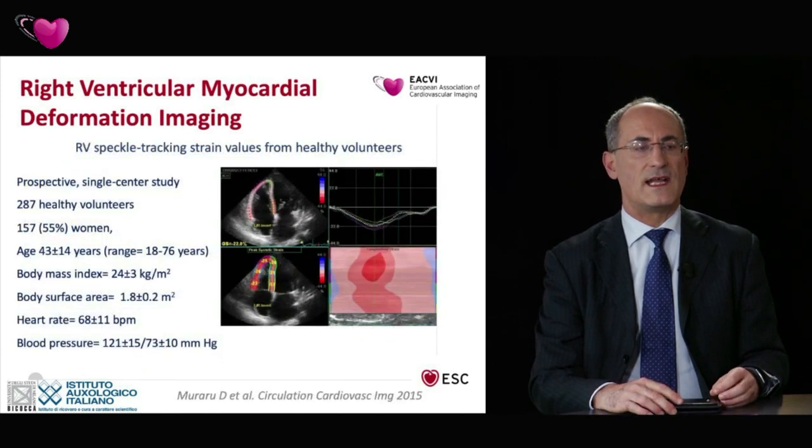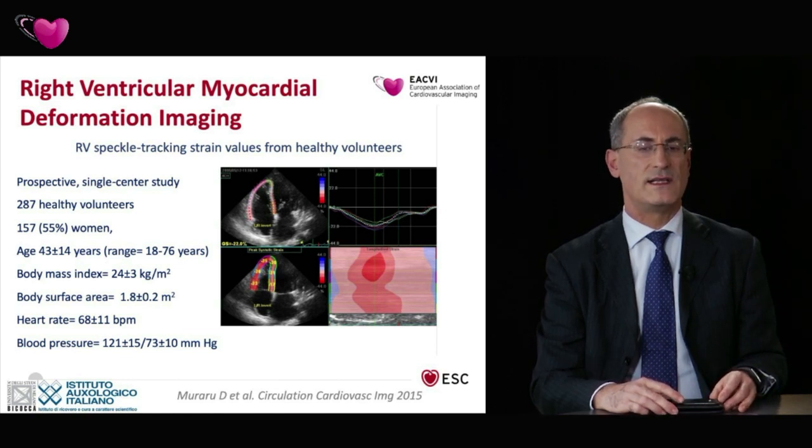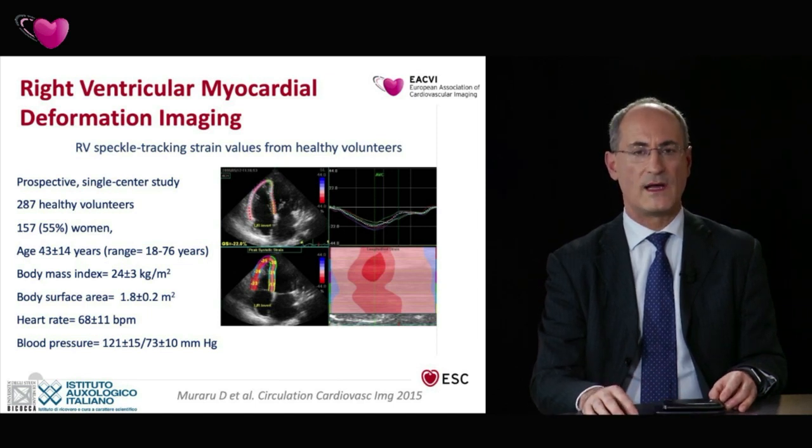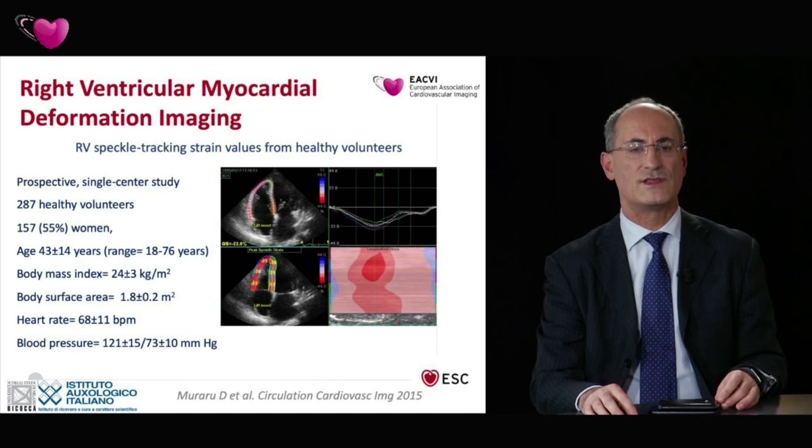Just to understand what is normal and what is abnormal, we also have normal values available, obtained from a relatively large population of healthy volunteers, published a few years ago.